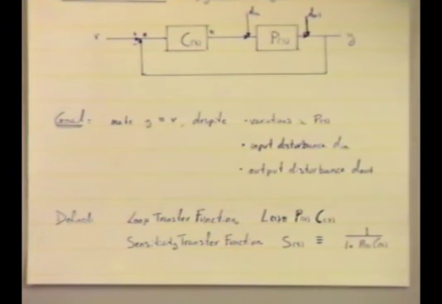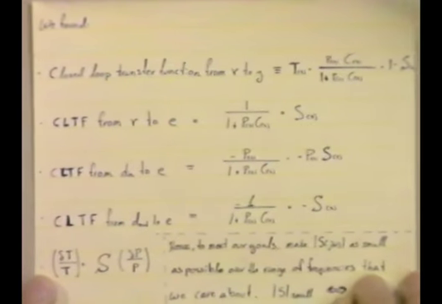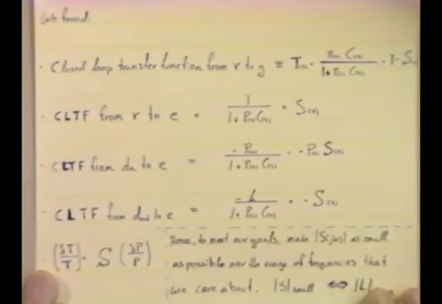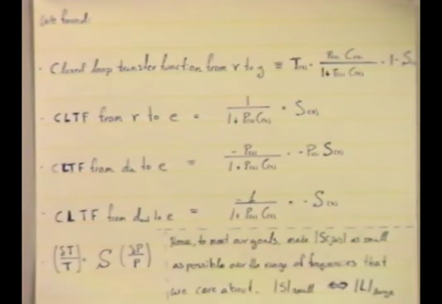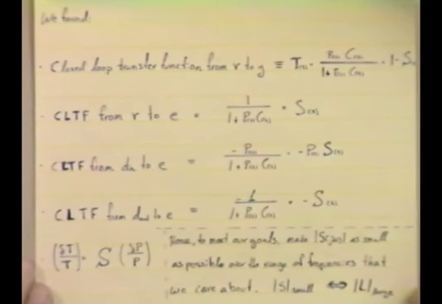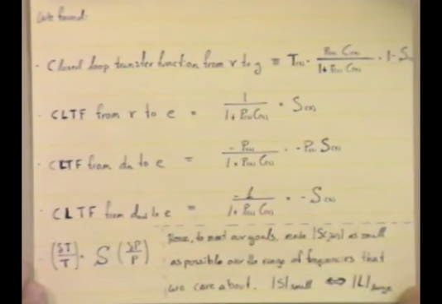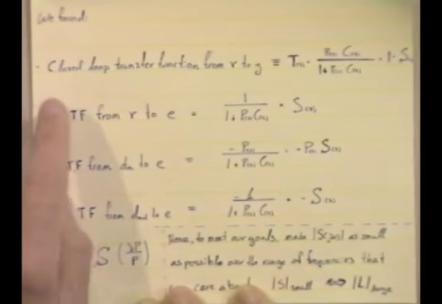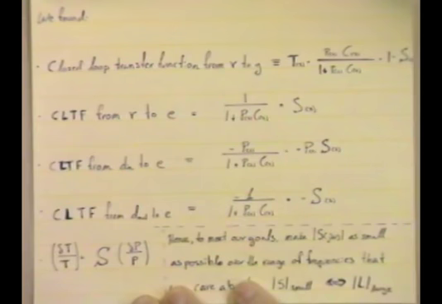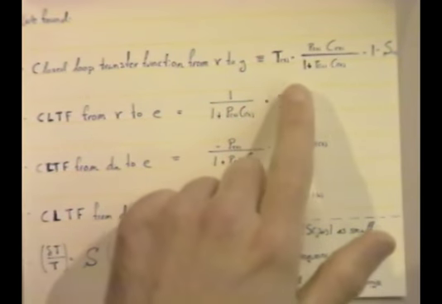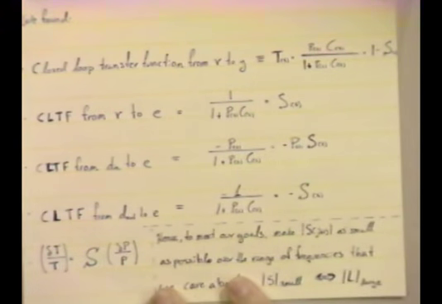And so when we went about finding closed loop transfer functions for the closed loop system, we found some quite neat results. The first of which, for instance, was the closed loop transfer function from the input to the output, which we called T(s), given by PC/(1+PC). And with a little work, you show that that's equal to 1 minus the sensitivity.